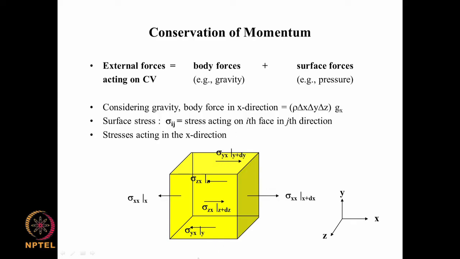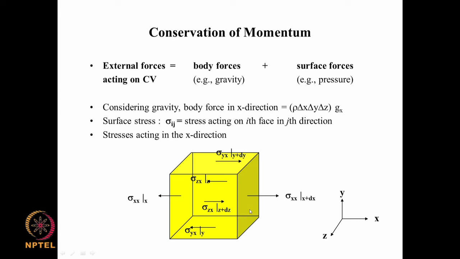This particular thing means that if there is no change in the stress, so that sigma xx at x and sigma xx at x plus dx are numerically the same, then there is no net force acting on this. This stress and this stress will cancel out. Similarly, this stress and this stress will cancel out. So there is no net force acting on this, there can only be torque.